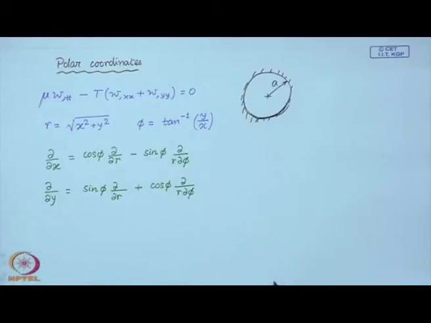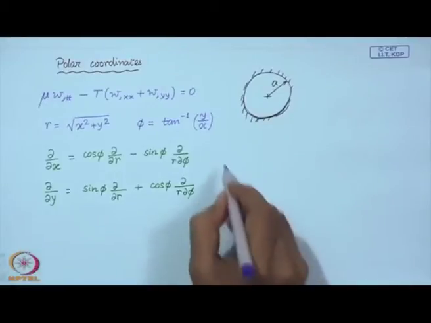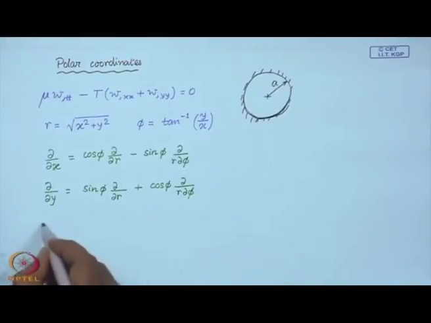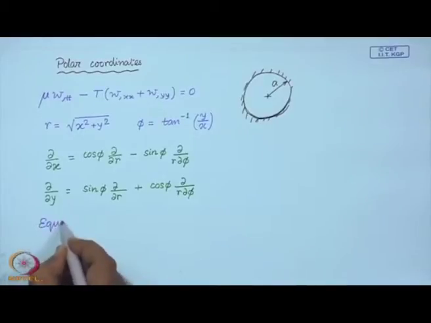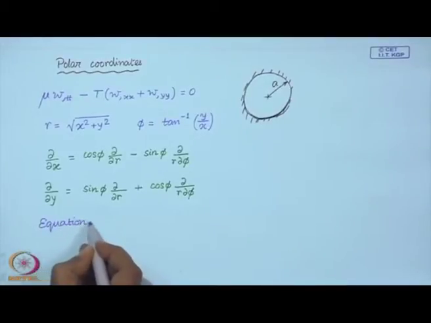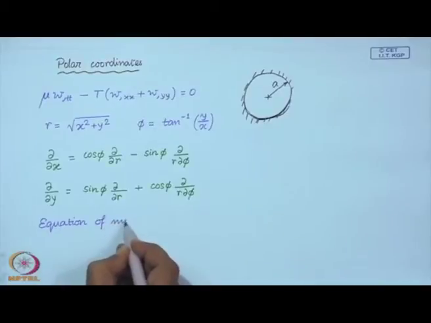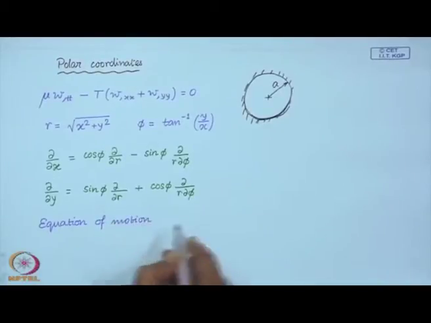So, if you use these transformed operators, then finally you can get the equation of motion in the polar coordinates.